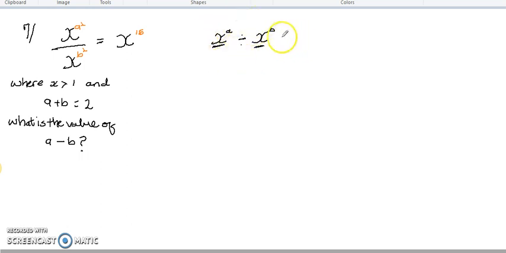This law will not work if this is, say, x and then this here is y. They must be the same value. So if this is 2, then this here must be 2. And so this gives us x is equal to a minus b. So this is the law we're going to use right here, and we're going to use it in this equation.